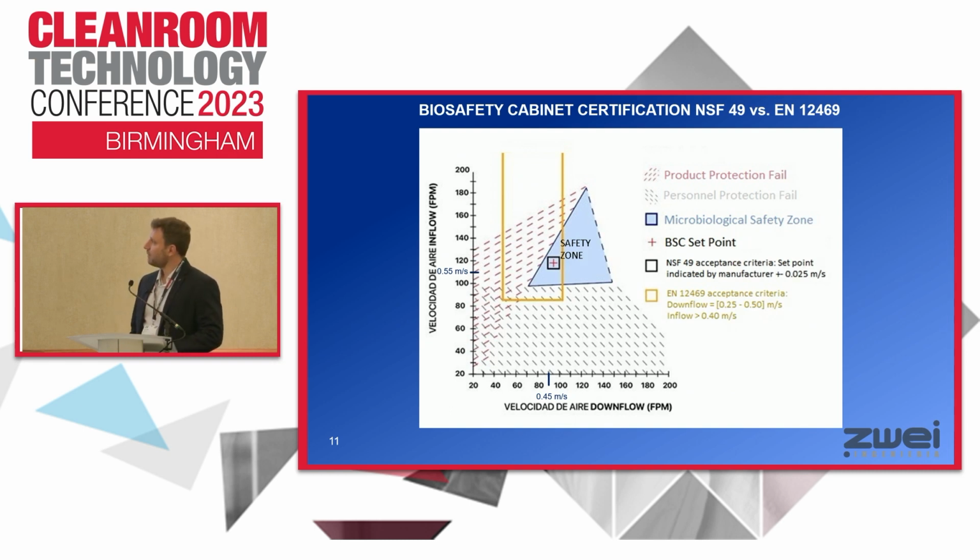But this set point is defined with a very strict microbiological test. That microbiological test is in both standards, EN and NSF. The black square is the NSF tolerances, and the yellow rectangle without upper limit is the EN tolerance.